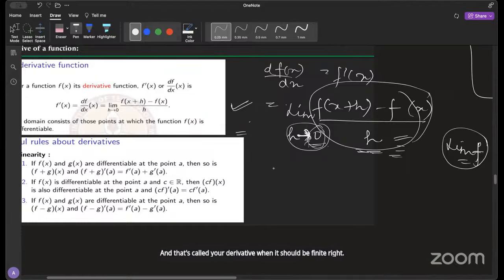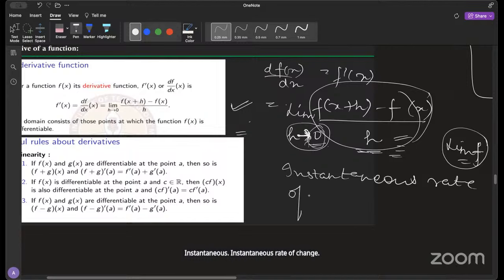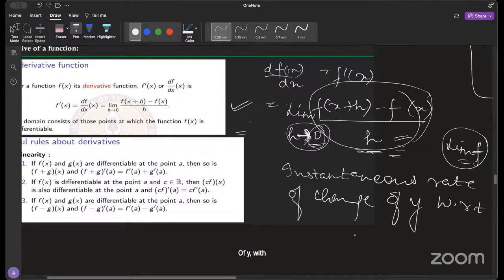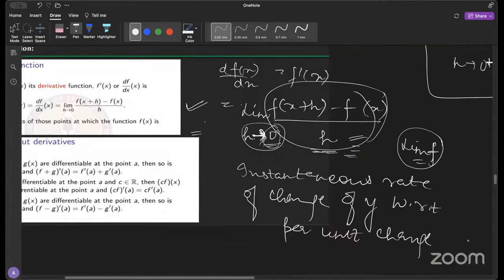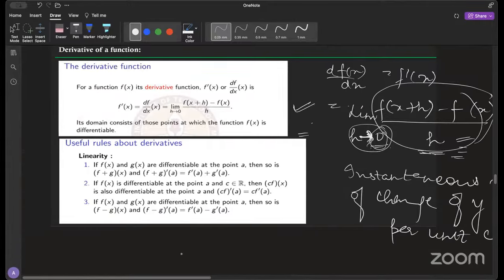And what does it represent actually? It's your instantaneous rate of change of y with respect to per unit change in x. So it's like this thing.